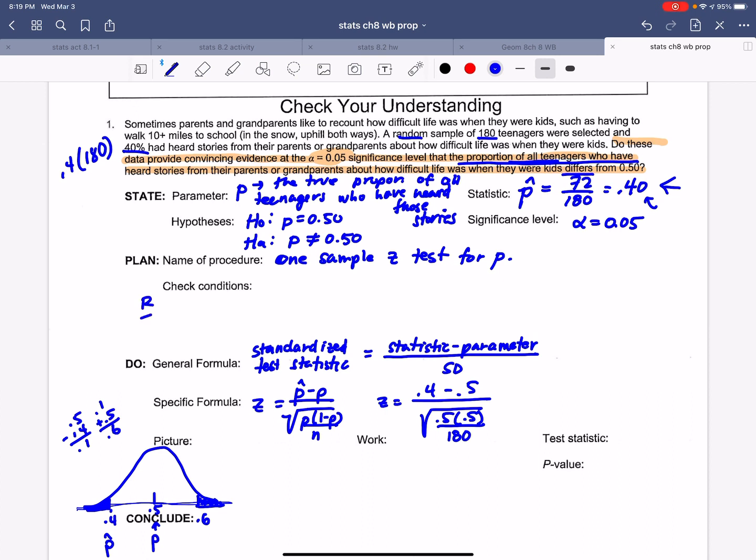So those conditions are RIN. Is it random? Well, in the problem, it did say, yep, random sample of 180 teens. All right, is it independent? Well, I think we can say the 10% condition has been met.